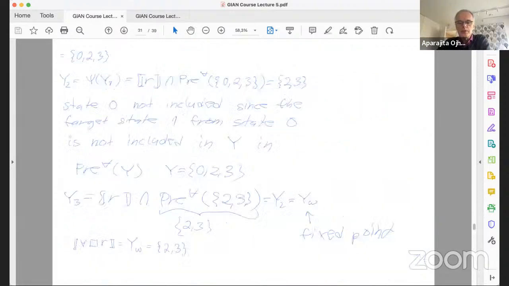And now comes the interesting step, because in the next step we should take then the pre for all of the state set 0, 2, 3. And here is the more complicated stuff, and that is that in state 0, for all means that the target state 1 from state 0 is not included in y.